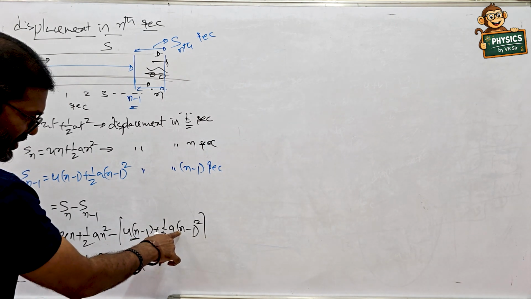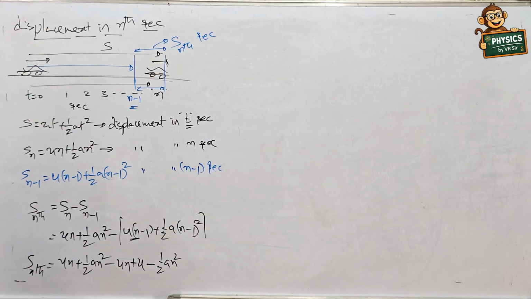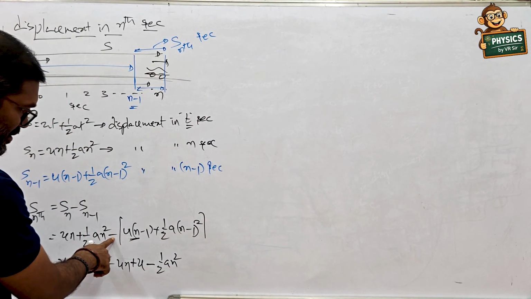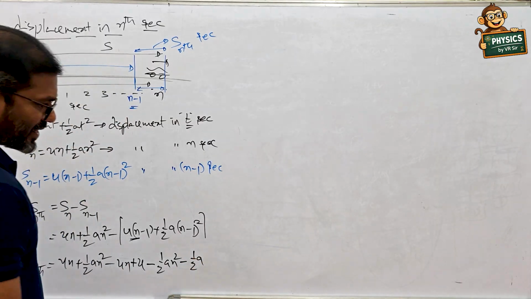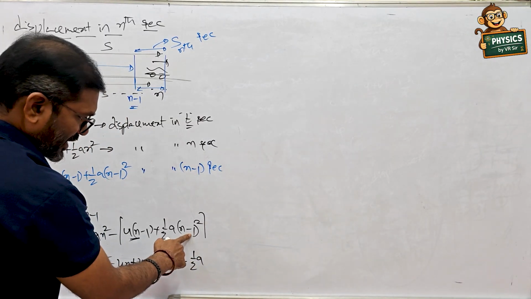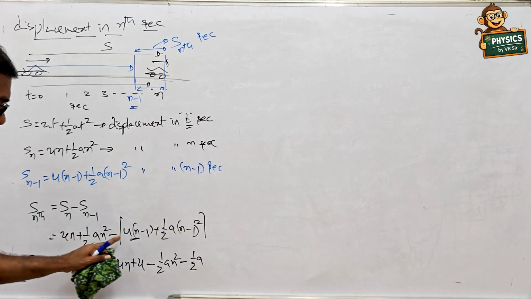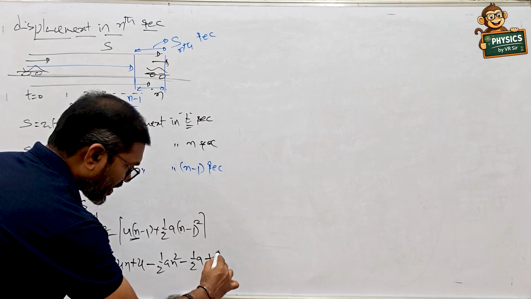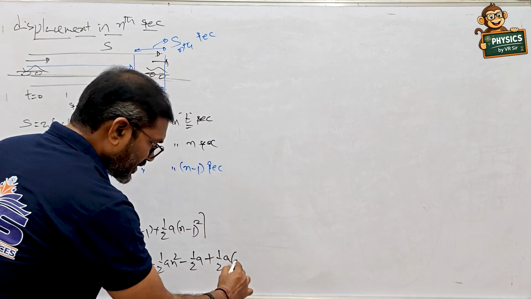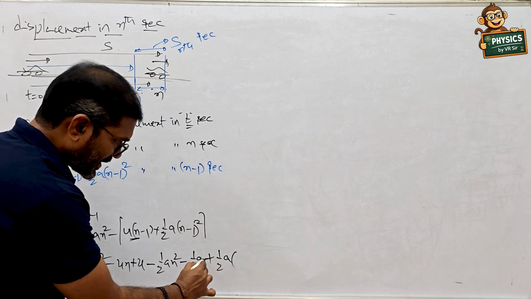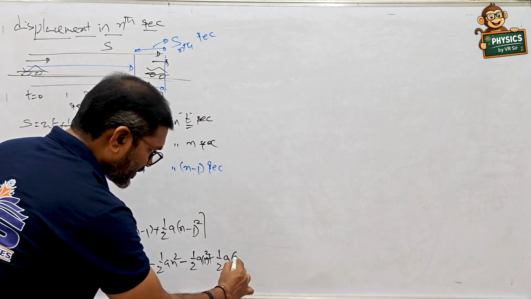Half a(n minus 1) whole square, using a minus b whole square: first term a square, second term b square, and third term minus 2ab, minus minus plus, it's 2n.